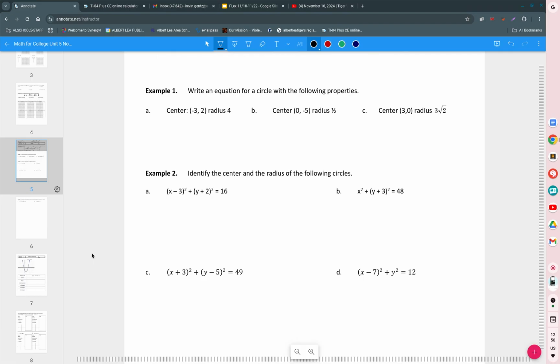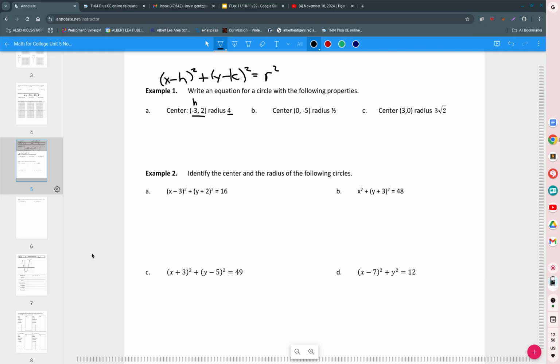We'll come back up above in just a second, but I will write it down again. (x minus h) quantity squared plus (y minus k) quantity squared is equal to r squared. So I'm going to write the equation for a circle that has the center of (-3, 2) and has a radius of 4.